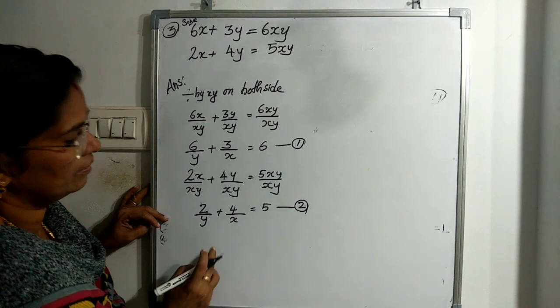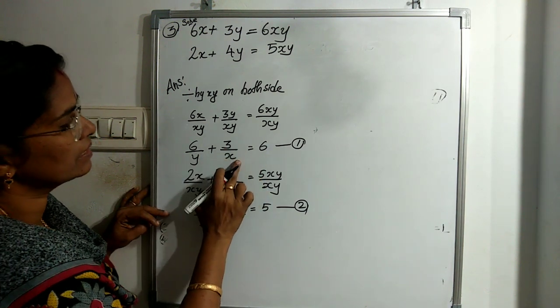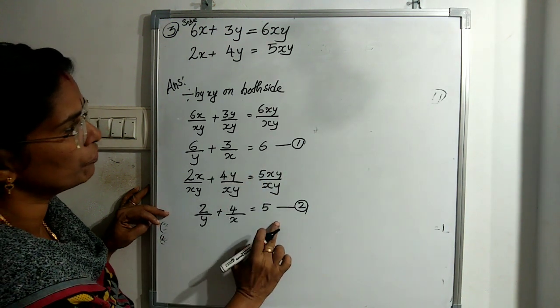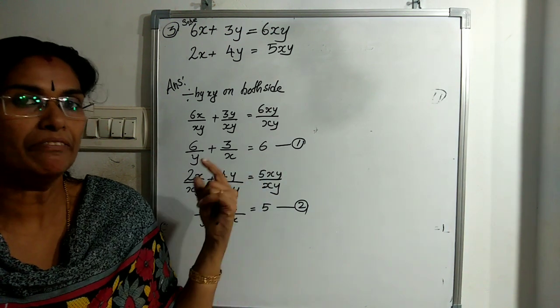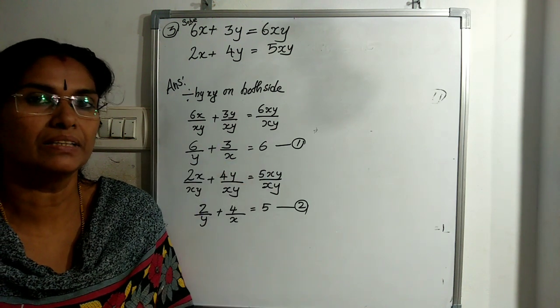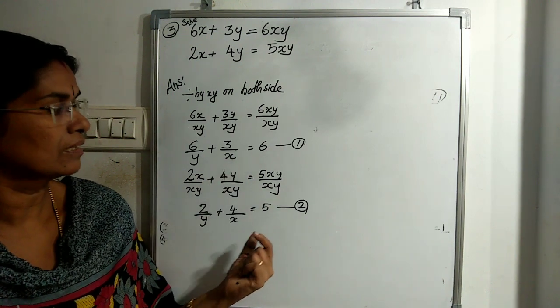Now we change the equation like this form: 6 by y plus 3 by x equal to 6 and 2 by y plus 4 by x equal to 5. How did we change it? Dividing all terms, both the left side and right side, with the xy. So the equation is coming like this.